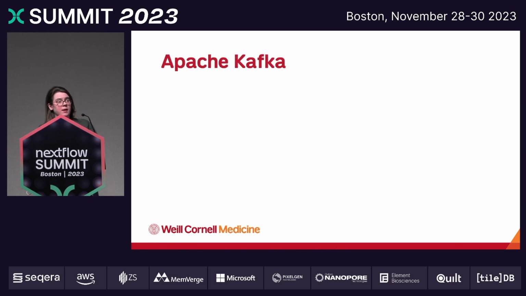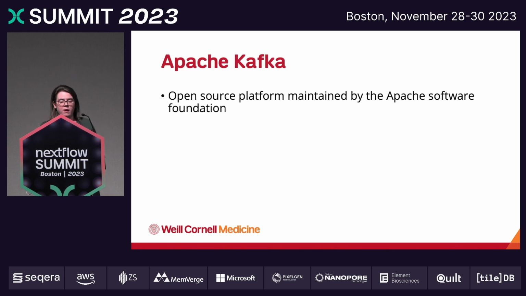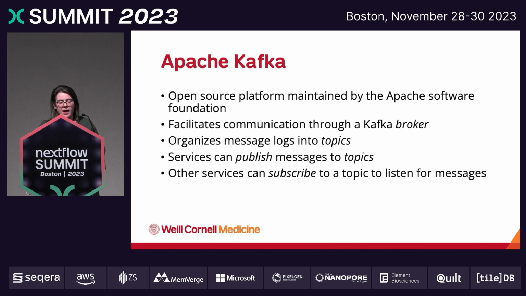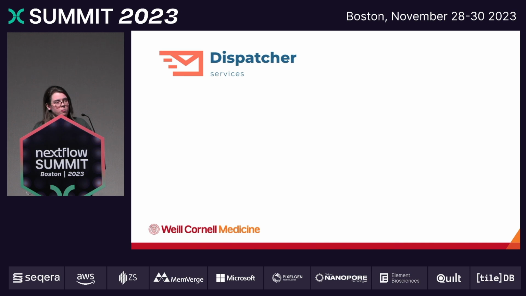Our solution is based on Apache Kafka. It's an open source platform maintained by the Apache Software Foundation, written in Java, and it facilitates communication through a Kafka broker. This broker organizes message logs into topics. Services can publish a message to a topic, and other services subscribe to topics to listen to these messages. What we are presenting is the dispatcher suite, which has the main feature of the Kafka dispatcher.